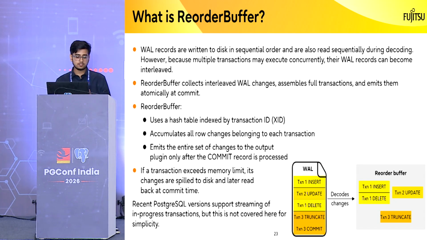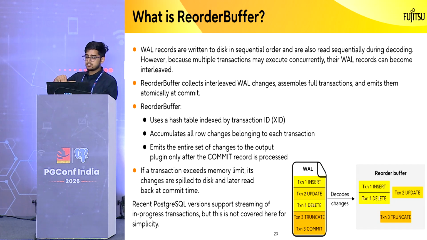So how does it do it internally? It has a hash table indexed by transaction ID, and for each transaction ID it will maintain a list of row changes, and once the commit record is decoded, it will send the entire change for this transaction to the output plugin for further processing.